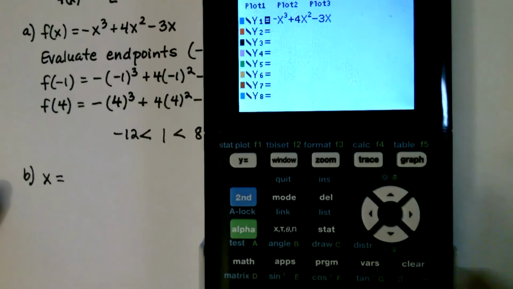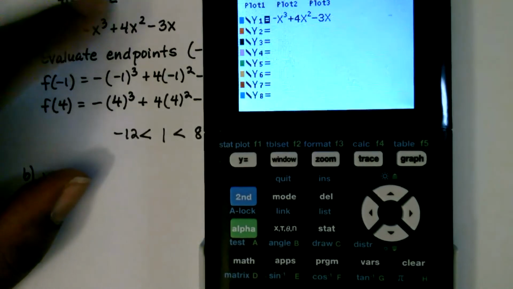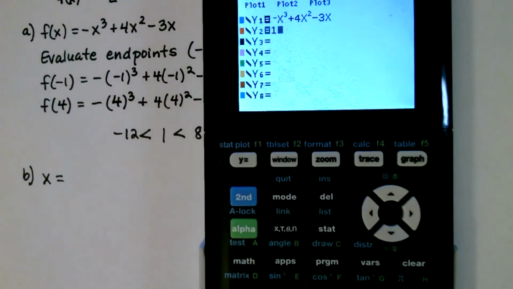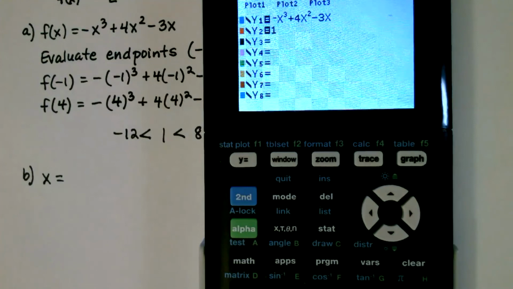Now in y1, I would normally put 0 in, but I also have to put what L is. In this case, this time it is 1. So in y2, I'm putting 1 in. Okay, now let me give you the window for this.